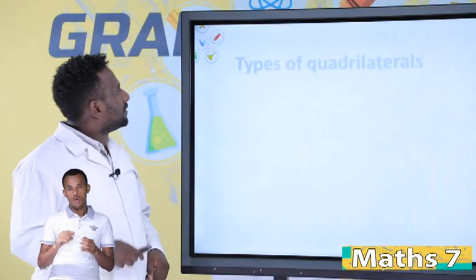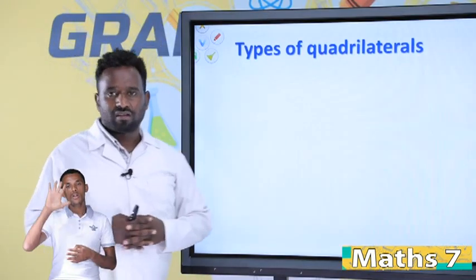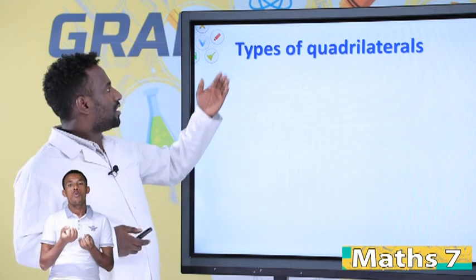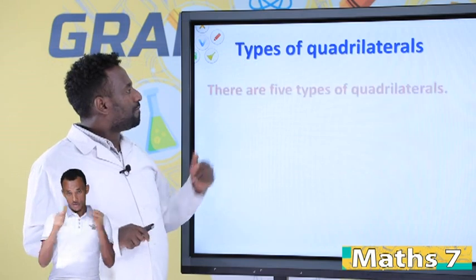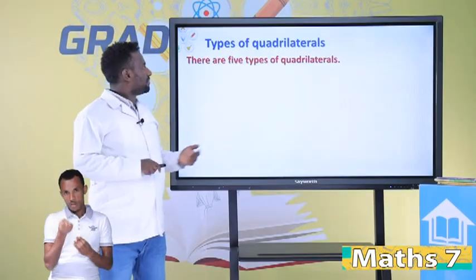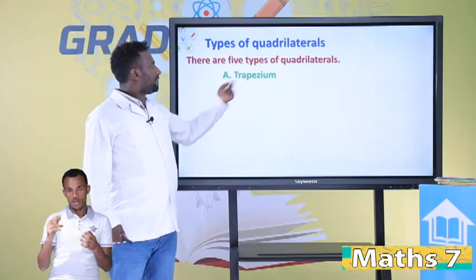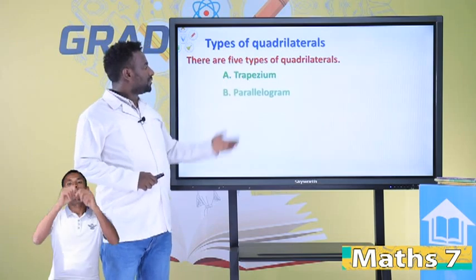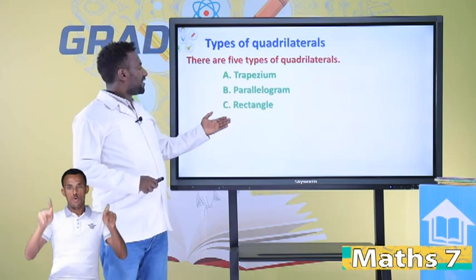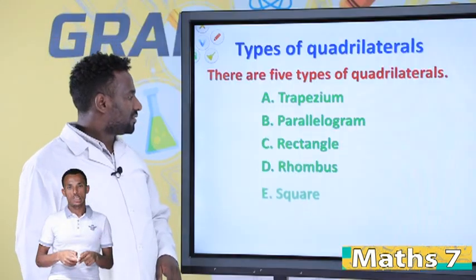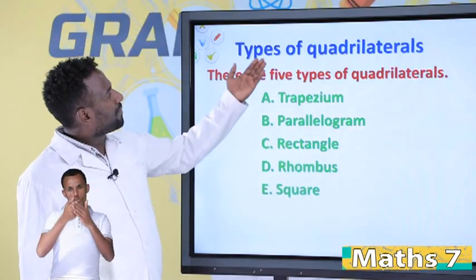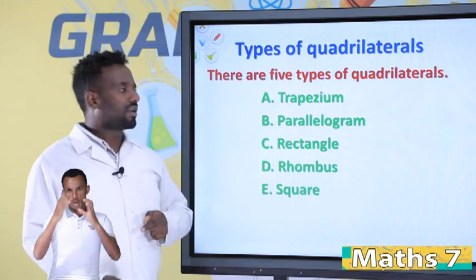Well, types of quadrilateral. Types of quadrilateral are classified as follows: trapezium, parallelogram, rectangle, rhombus, and square. These are all examples or parts of a quadrilateral.